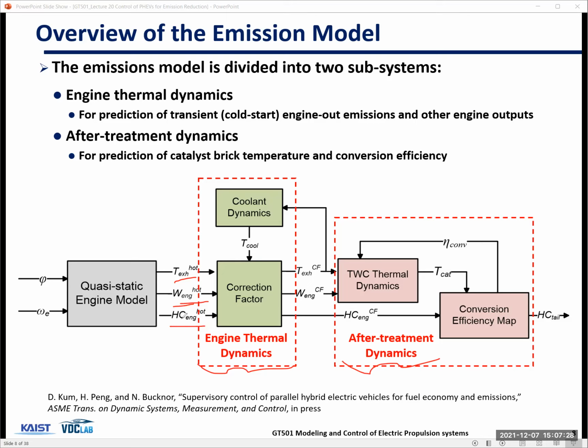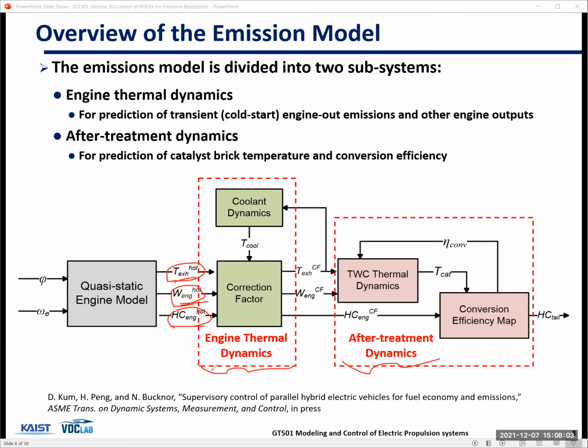And we can get these numbers from experimental test data, just like the engine map. Okay, so we can get these, but these numbers assume the engine is hot. Okay, so we need to somehow be able to calculate a cold start engine, right?